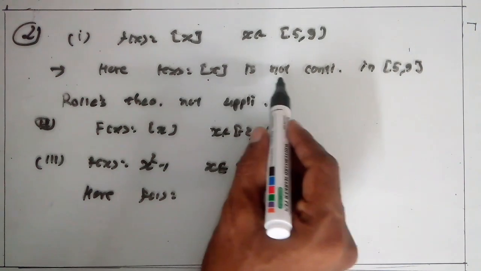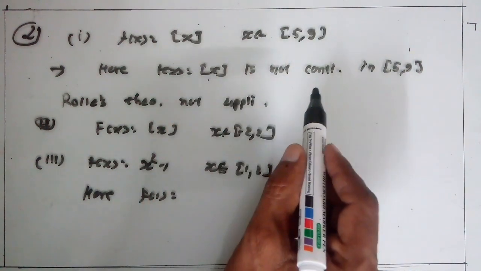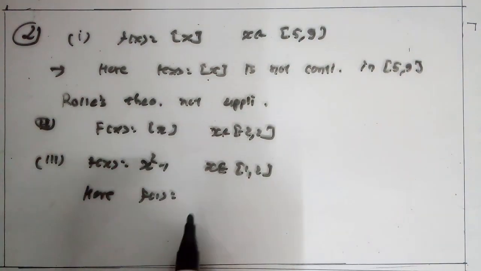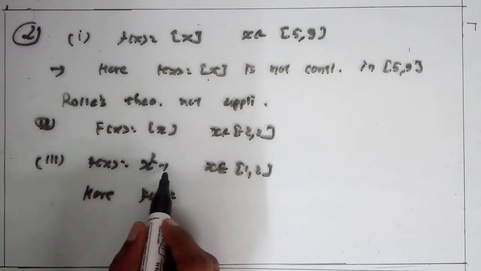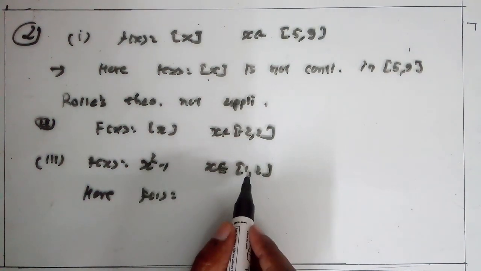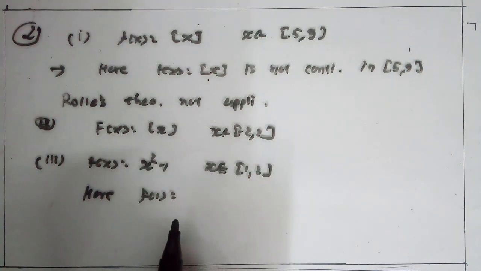Here, if the function is not continuous, we write only that the function is not continuous, so Rolle's theorem is not applicable. Here this is continuous and differentiable, but the last, third condition is not satisfied. That means we check first orally, then write which condition is not satisfied. But if all conditions are satisfied, then we get the value of c.